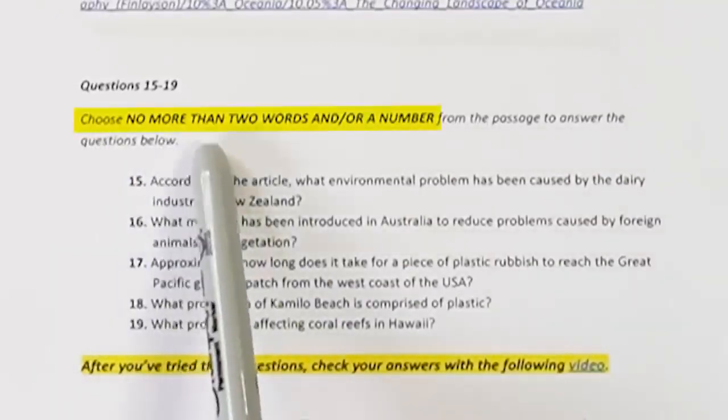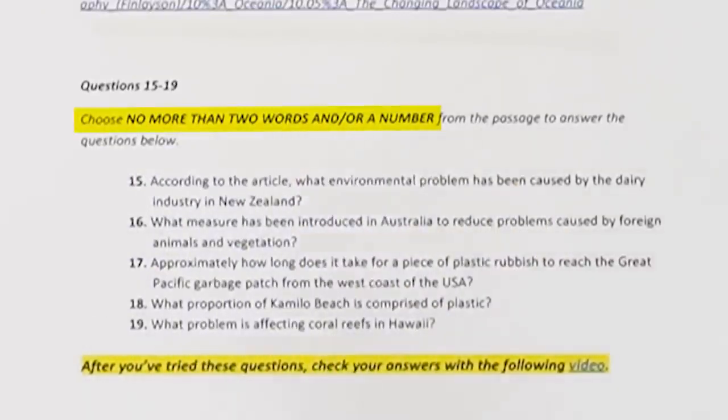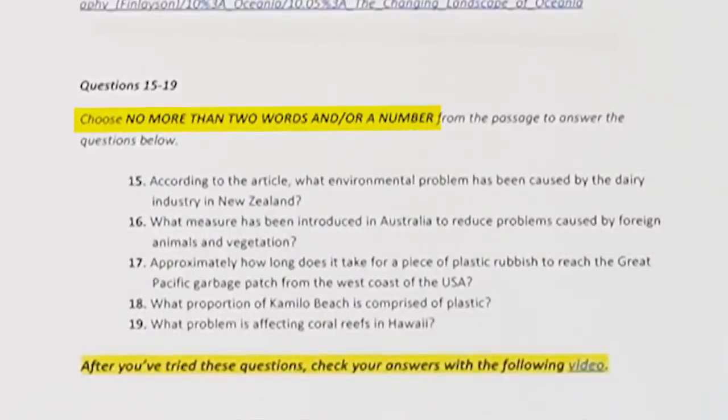So choose no more than 2 words and or a number. If you want to know what that means, go back to the previous part of the video where we talked about that. Now the good thing is, because we have read the whole thing, it's much easier for us to get our heads around this and locate the correct answer, because we've already established what it's about and we have a good idea what it's about.